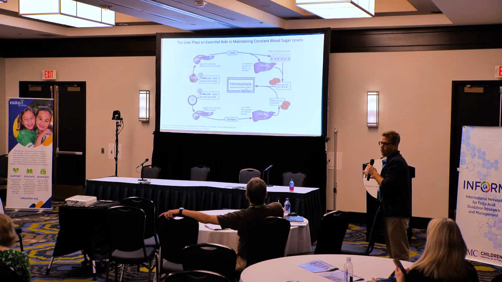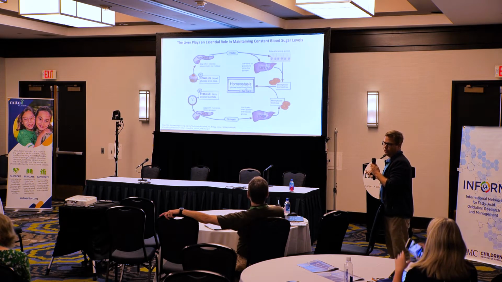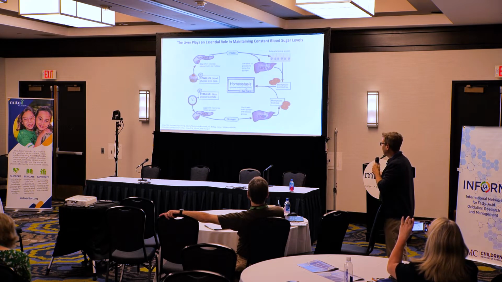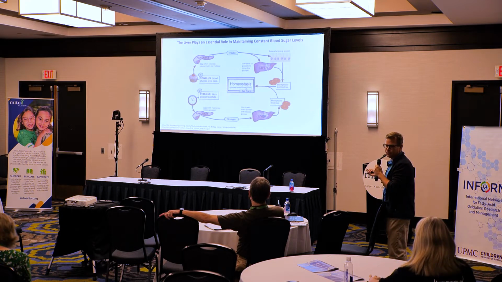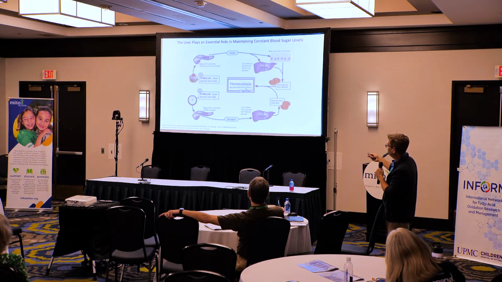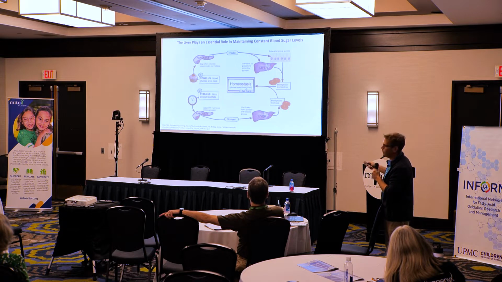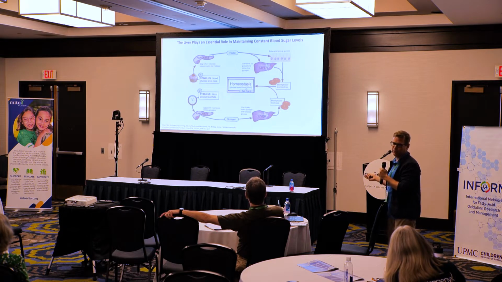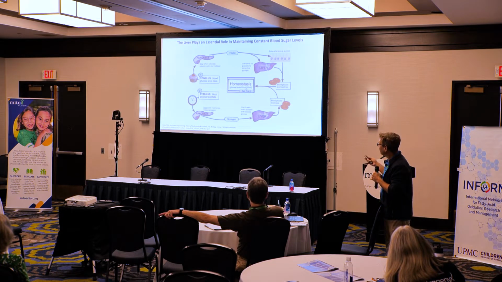So the liver plays an absolutely essential role in maintaining your blood glucose levels within a narrow range, what we call homeostasis or a set point. So the top half of this figure, and I don't have a laser pointer, I would show you. You can see there it says number 1, stimulus, and it shows a cupcake. So when you eat a meal, especially something that's high in carbohydrate, you stimulate your pancreas to release insulin.